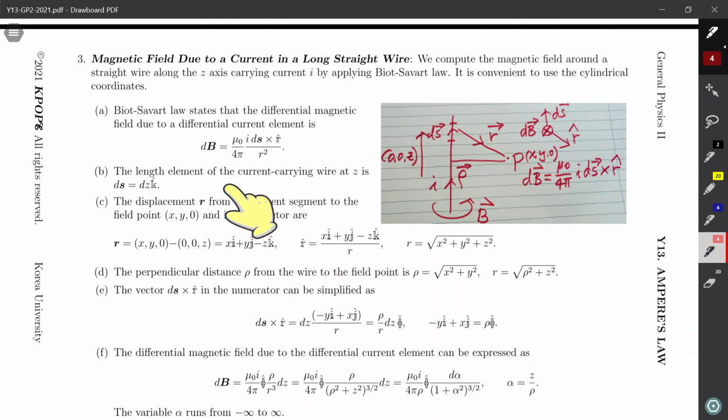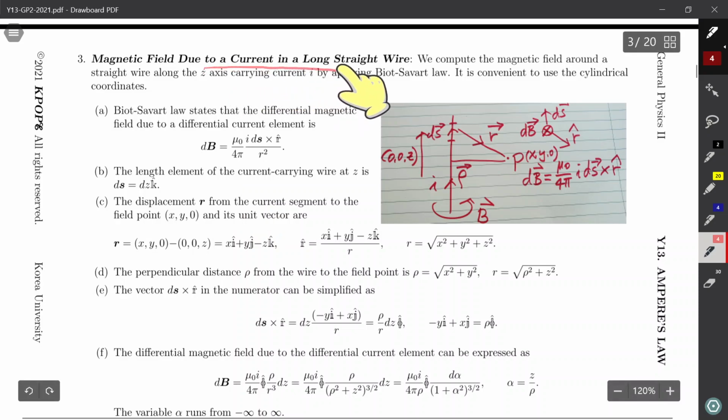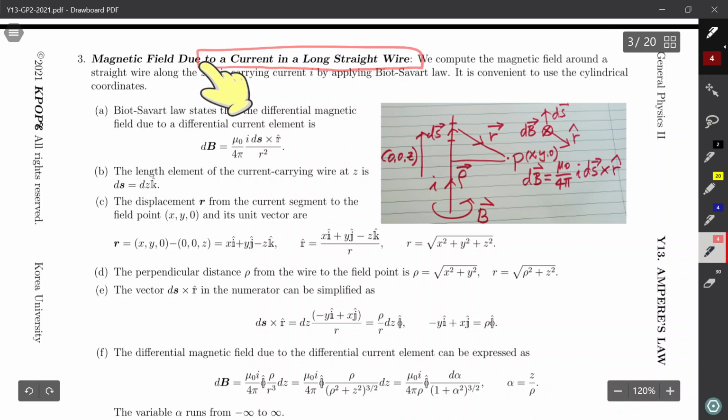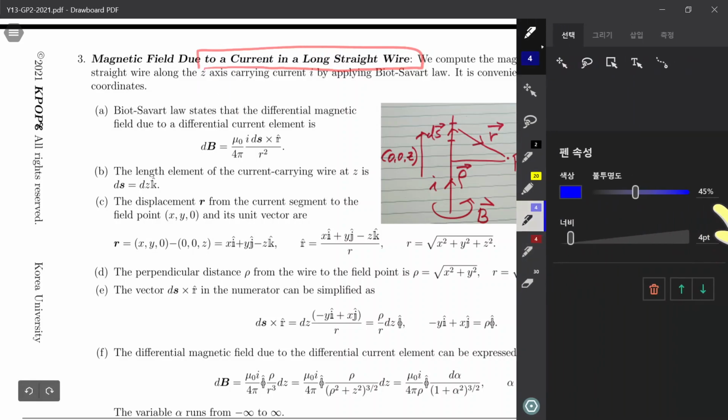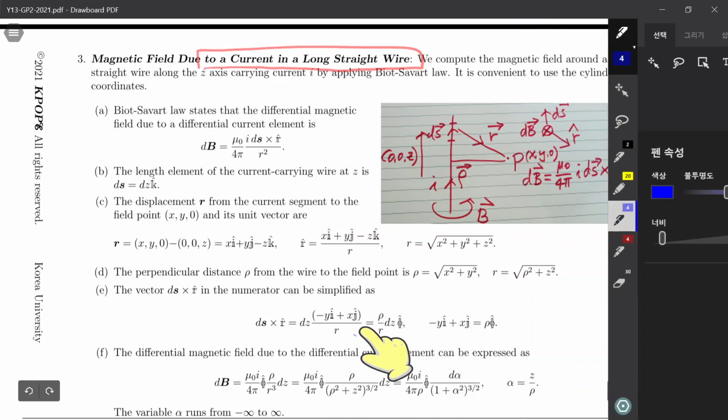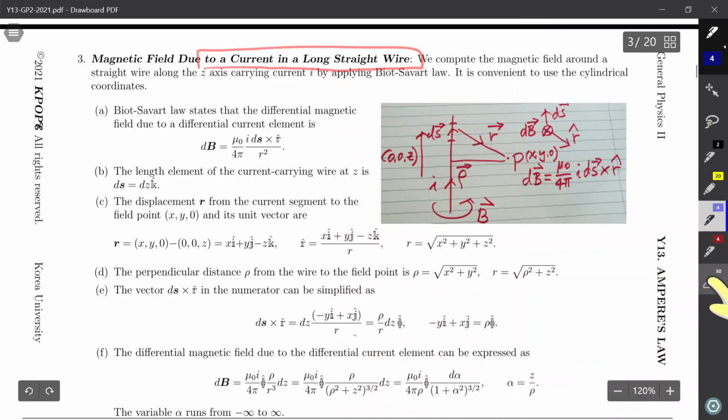Let us compute the magnetic field due to a current in a long straight wire by making use of Biot-Savart law. We compute the magnetic field around the straight wire.